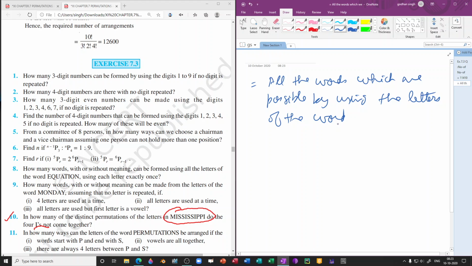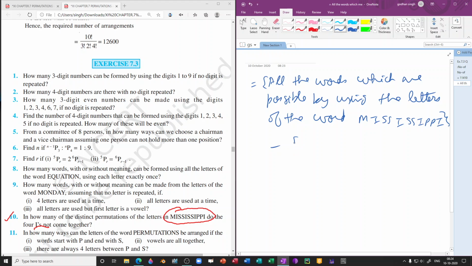So what is our word? That is Mississippi, minus, from this we will subtract all the words in which all the 4 I's come together.